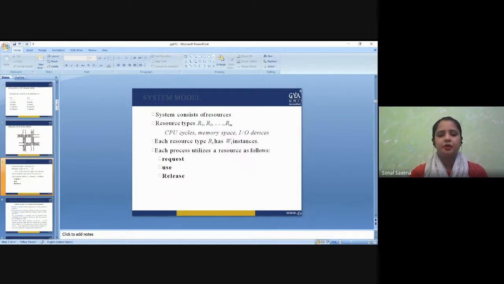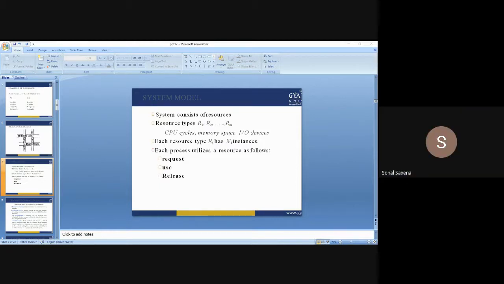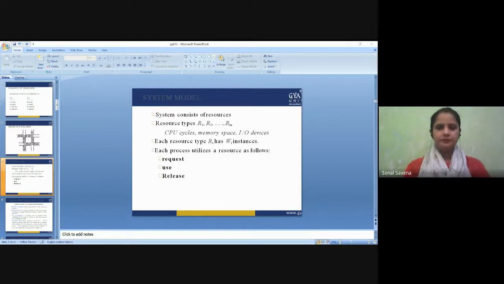Now let us see the system model here. So here we are seeing a system model to see what exactly we have in a deadlock.